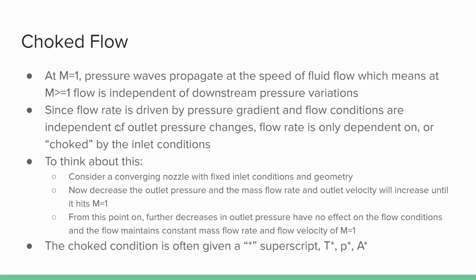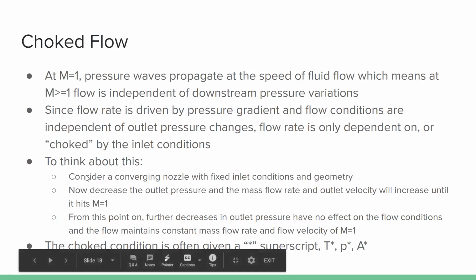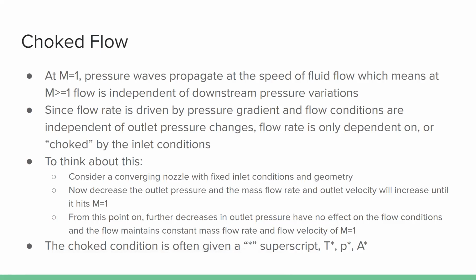Now that explanation can be a bit confusing, so I'm going to try to, again, explain this concept more intuitively. To picture what's going on, consider you just have a pipe with a converging nozzle at the end. There are fixed inlet conditions inside the pipe, and the nozzle is of a fixed geometry.